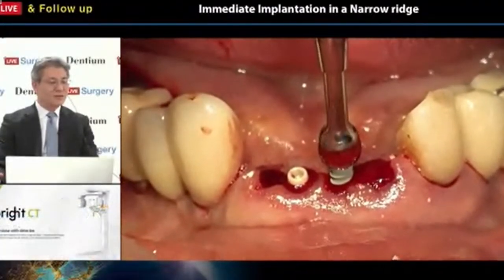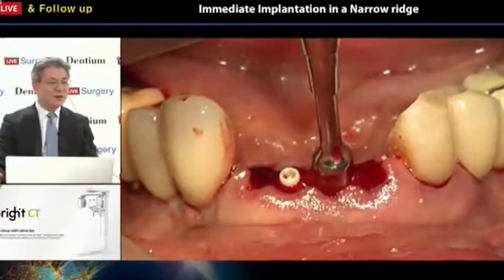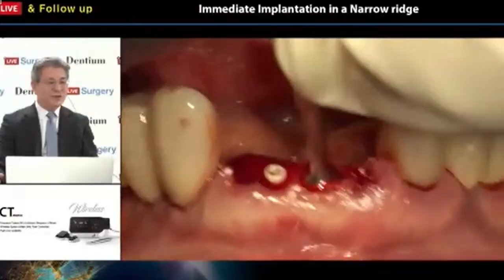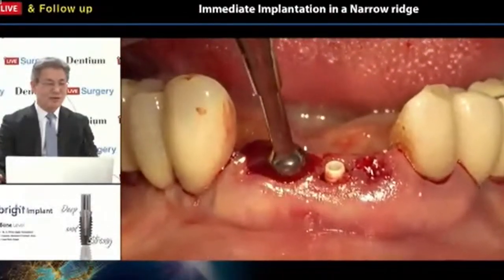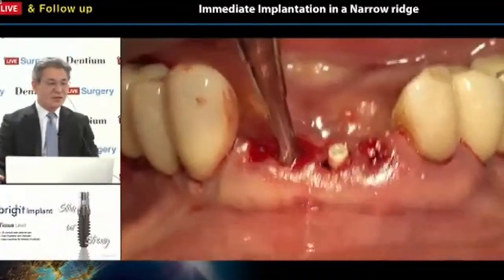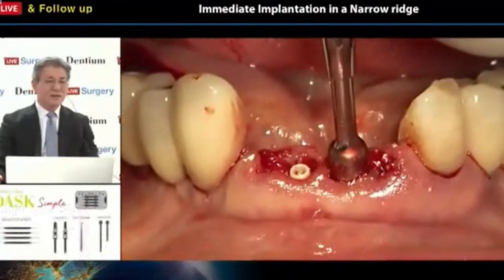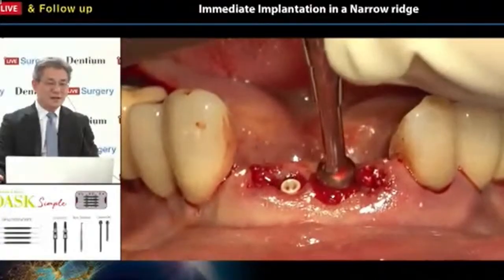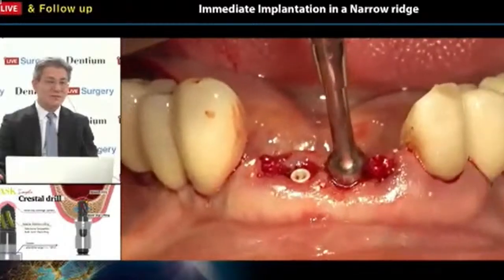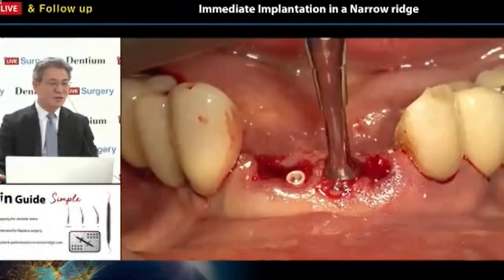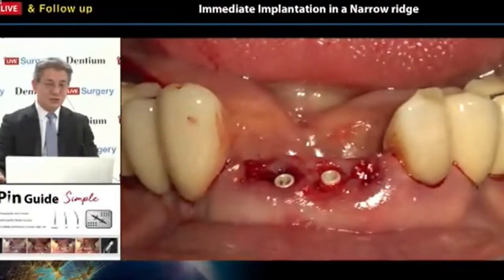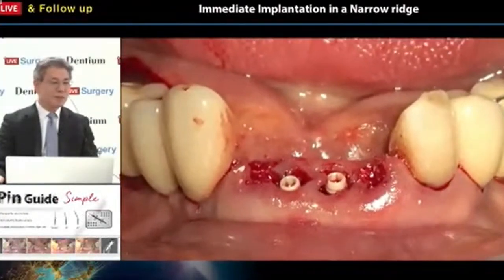Mechanically, the 42, 32 area supporting a 4-unit implant-supported bridge is more physically stable. However, we have to consider bone quality and an intact socket. Why? This patient is elderly, above 73 years old, so choosing the intact socket is better.